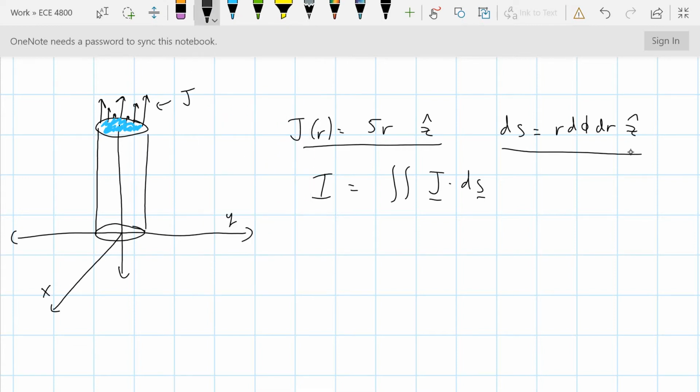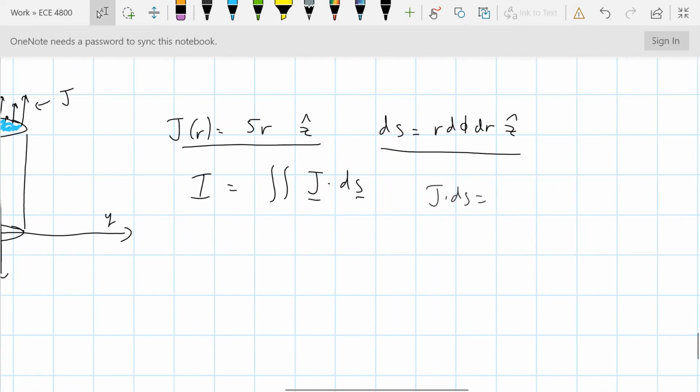All right, so j dot dS. They're both in the z hat direction, right? So this then collapses to 5 times r, and then there's an r squared factor because you're multiplying 5r times r, and then d phi dz.